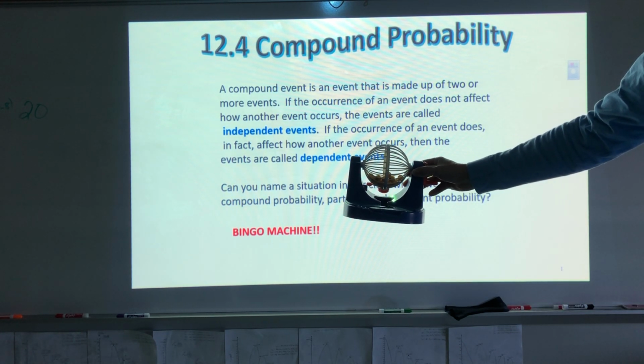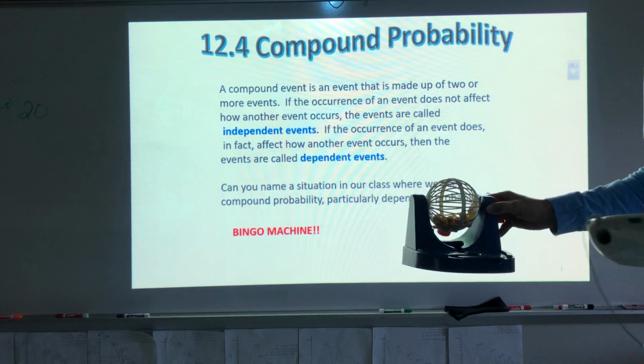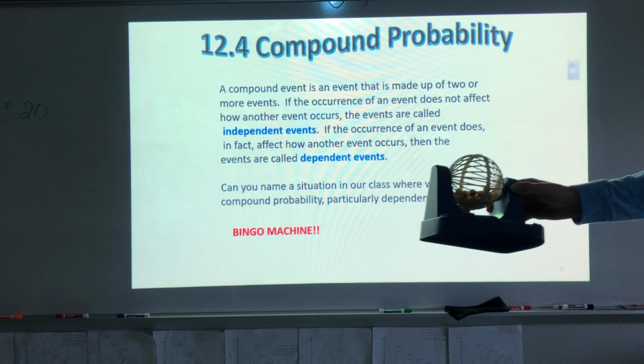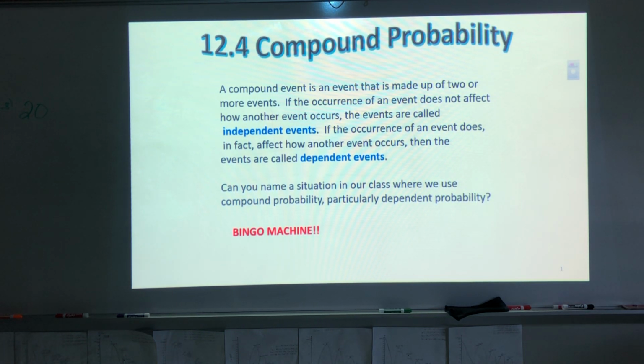Every desk in here has a number. That ball comes out of the bingo ball machine. What it is doing is affecting the denominator, okay? It's changing what we call the total frequency. And so, as you remove balls and do not put them back, the next roll is dependent on what happened before.